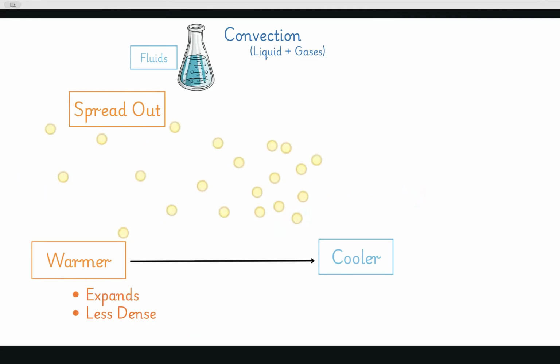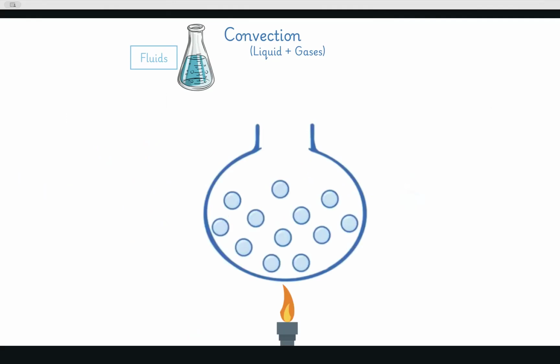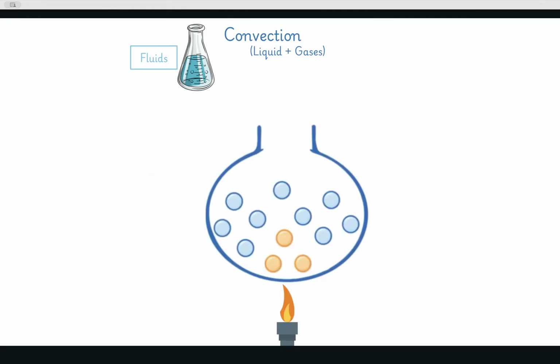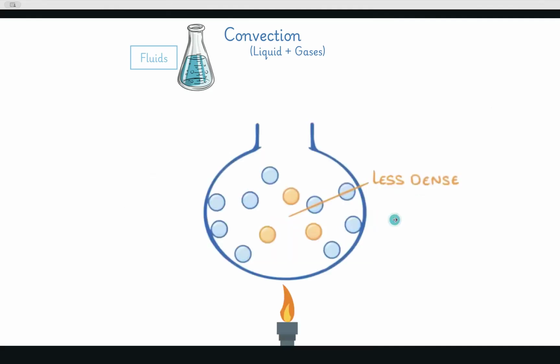To understand how this works in real life, we can imagine a container with a liquid or a gas. As we heat up the container, the particles near the heat source gain kinetic energy and then they spread out, becoming less dense. And so they collide with the particles above them.